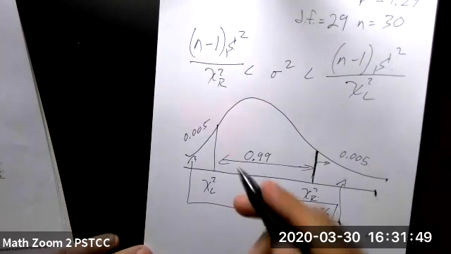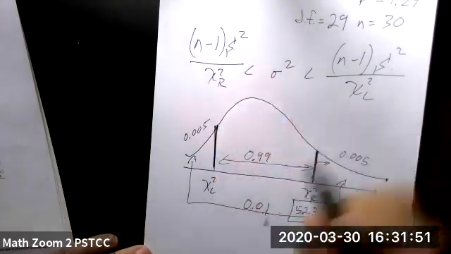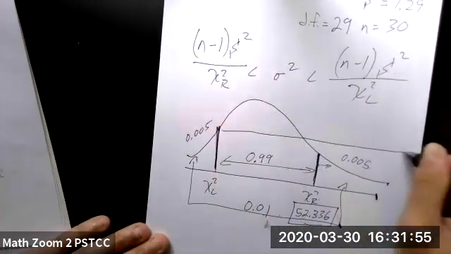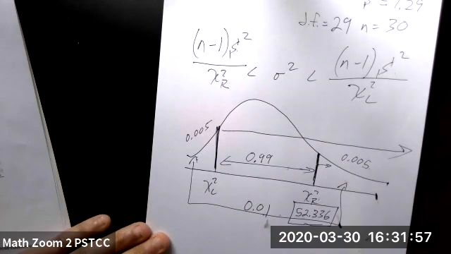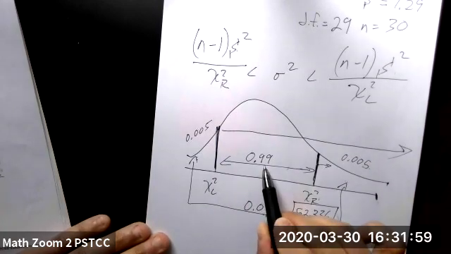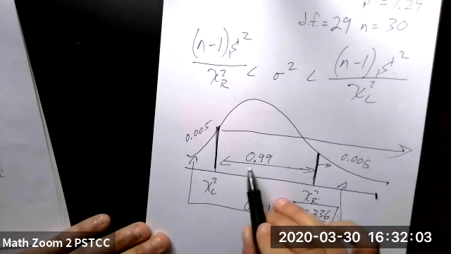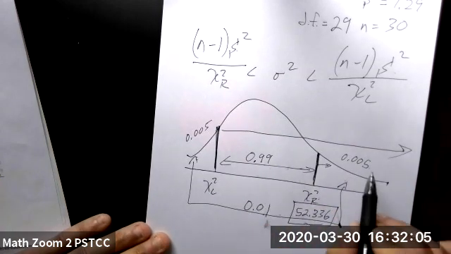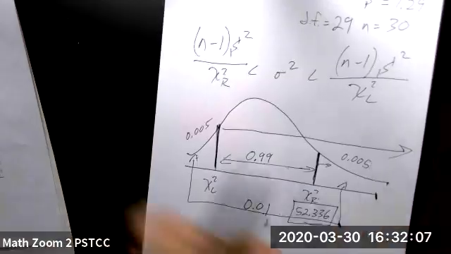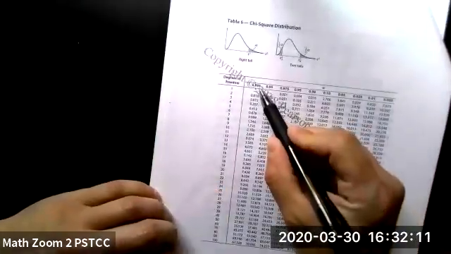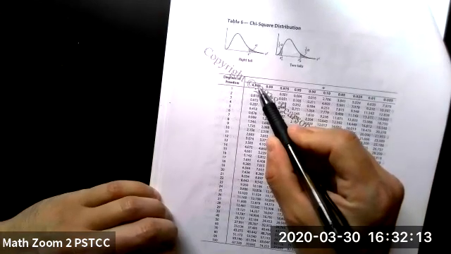Now we have to be careful here. When we go to chi-squared left, we need the entire area to the right, which is the 0.99 plus the 0.005, which is 0.995. So again, we go to the table and we go to the 0.995 column, which is the furthest on the left.